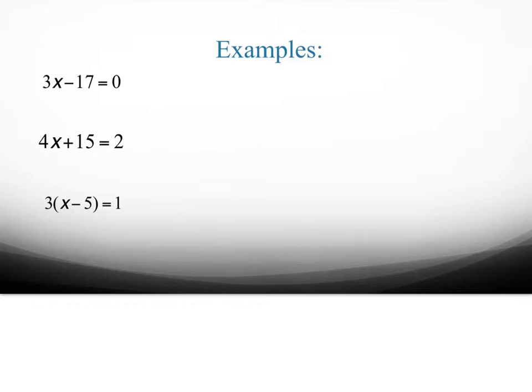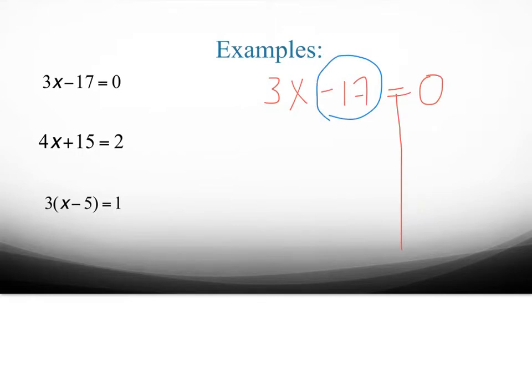Let's do some examples. Let's first do the 3x minus 17 equals 0. When I solve a first-degree equation, I draw a straight line down from the equal sign. First thing we have to undo is the addition or subtraction. That's located here. So what undoes subtraction? Addition will undo that.